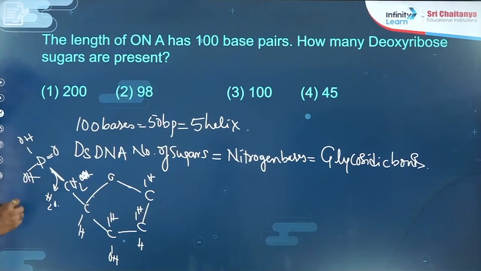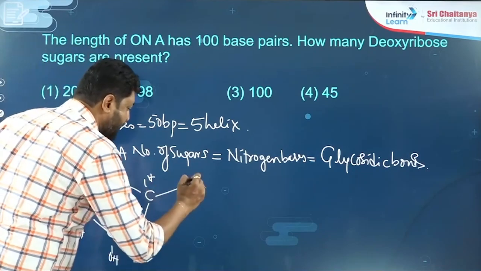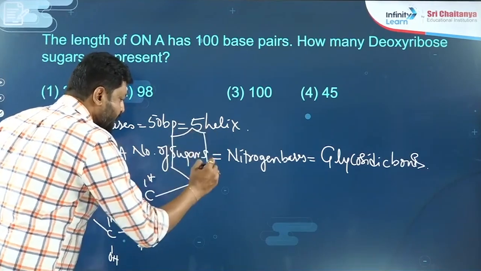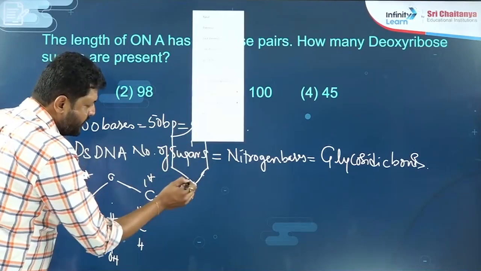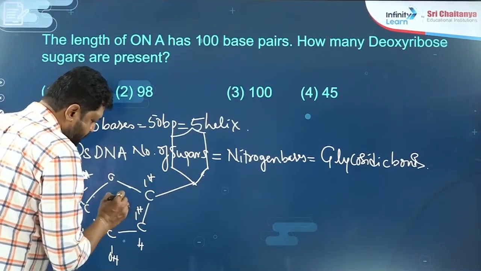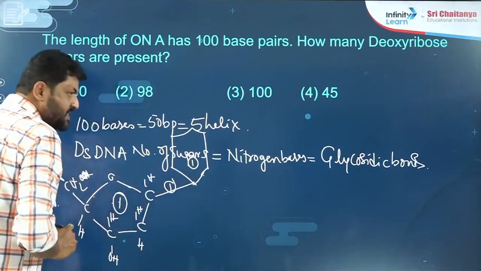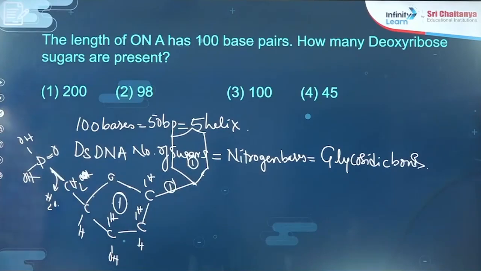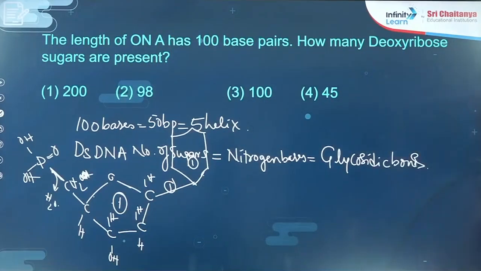So that is the sugar plus phosphate, and you can add one base here. So the base is 1, the glycosidic bond is 1, and the sugar is 1. In a nucleoside, the number of sugars is equal to the number of nitrogen bases, which is equal to the number of glycosidic bonds.